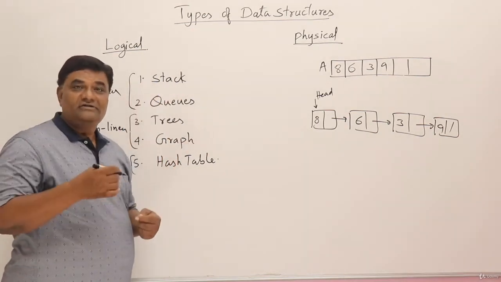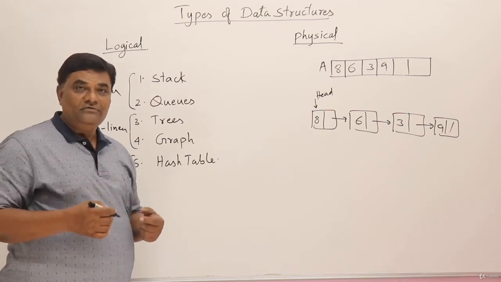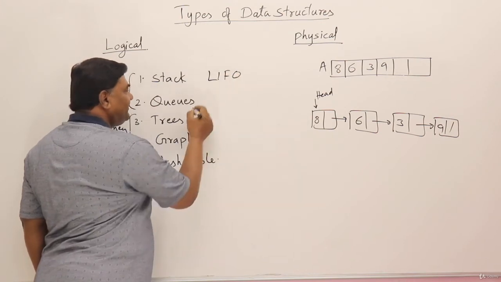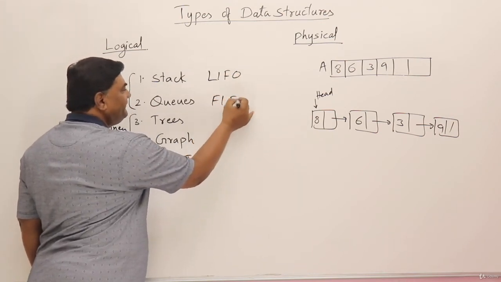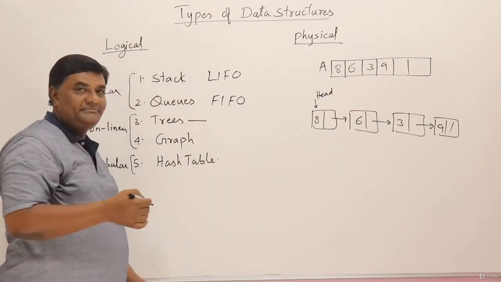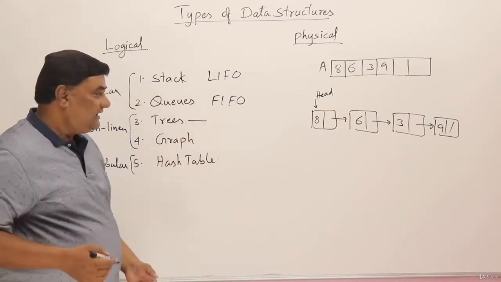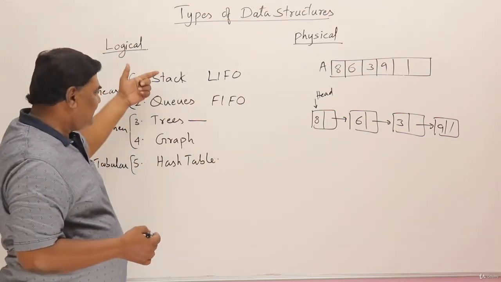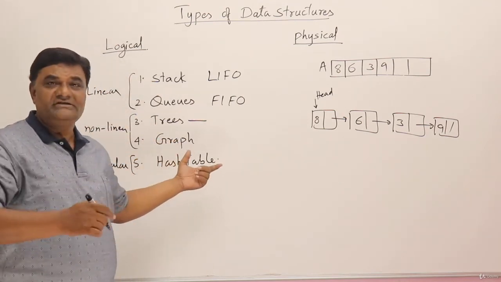Stack works on the discipline that is LIFO, last in first out. Queue works on the discipline that is FIFO, and tree is a non-linear data structure. This will be organized like a hierarchy, and this is a collection of nodes and the links between the nodes. So these data structures are actually used in applications.